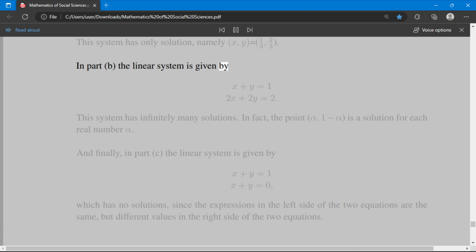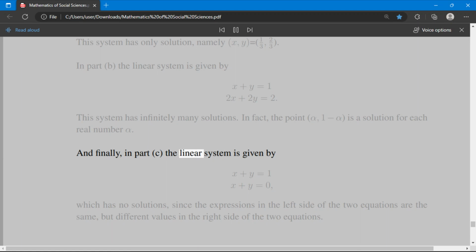In part B, the linear system is given by x plus y equals 1, 2x plus 2y equals 2. This system has infinitely many solutions. In fact, the point alpha, 1 minus alpha, is a solution for each real number alpha.